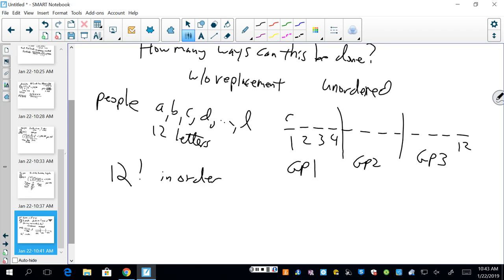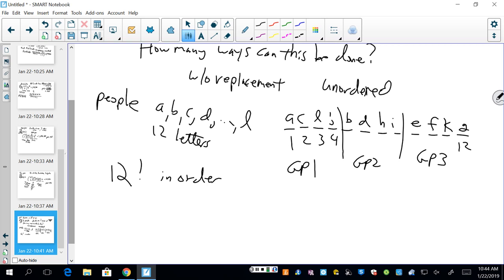So maybe we choose A, C, L, J, then B, D, H, I, and then E, F, K, G. So A, C, L, J is our first group, B, D, H, I is our second group, and E, F, K, G are the people in our third group.